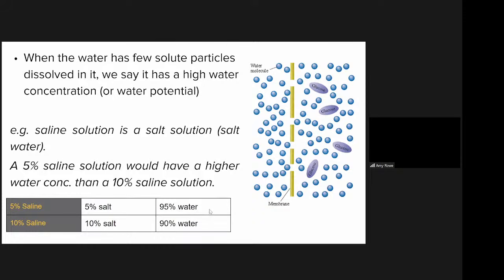So if we compare these two, we can see that the 5% saline solution has a higher water concentration, because 95% is higher than 90. So it has a higher water concentration than a 10% saline solution. It can be tricky to think about what we mean by water concentration or water potential. It just means relatively how much water we have got in our solution.